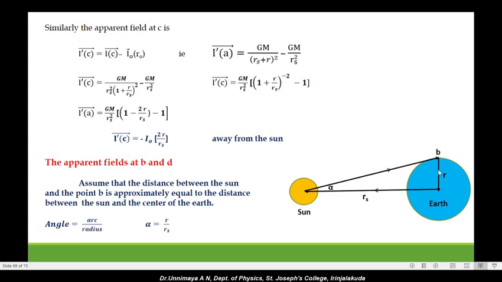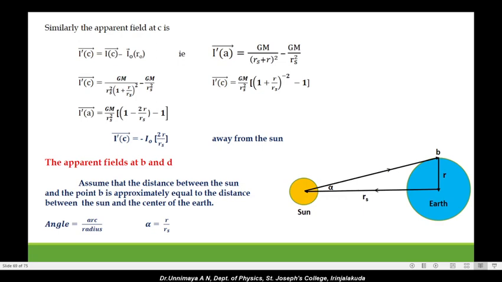A ഇവിടെയുള്ള പോയിന്റ് ആയിരുന്നു, C ഇവിടെയുള്ള പോയിന്റ് ആയിരുന്നു. A-യിലേക്കുള്ള ഡിസ്റ്റൻസ് നമ്മൾ RS minus R എടുത്തു, C-യിലേക്കുള്ള ഡിസ്റ്റൻസ് RS plus R എടുത്തു. So B എന്ന് പറഞ്ഞ പോയിന്റിലെയും D എന്ന് പറഞ്ഞ പോയിന്റിലെയും അപ്പാരന്റ് ഫീൽഡ് കിട്ടാനായിട്ട് സണ്ണിന്റെ സെന്ററിൽ നിന്നും B-യിലേക്കുള്ള ഡിസ്റ്റൻസും D-യിലേക്കുള്ള ഡിസ്റ്റൻസും എന്തിന് അപ്രോക്സിമേറ്റ്ലി ഈക്വൽ ആയിട്ട് എടുക്കുകയാണ്? നമ്മൾ RS-ന് അപ്രോക്സിമേറ്റ്ലി ഈക്വൽ ആണെന്ന് പറഞ്ഞ് എടുക്കുകയാണ്. ഓക്കെ, അതാണ് ഫസ്റ്റ് അസംഷൻ നമ്മൾ ചെയ്യുന്നത്.